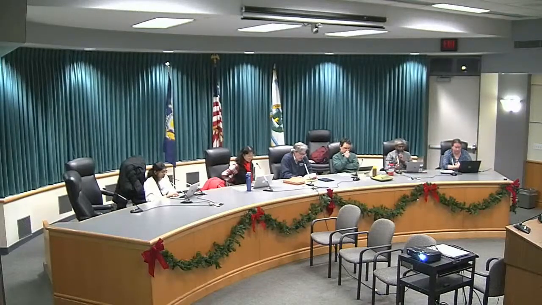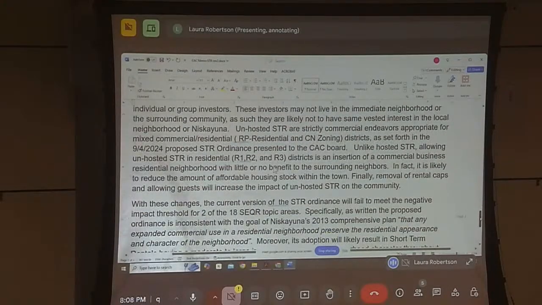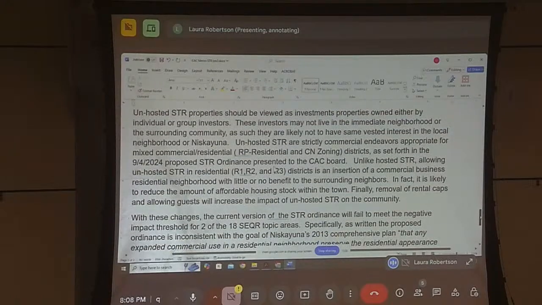So then the next part of the memo just talks about why this is a problem. The unhosted short-term rental properties should be viewed as investment properties owned either by an individual or a group or an investor group. We got to fix the wording on that. These investors may not live in the immediate neighborhood or the surrounding community.